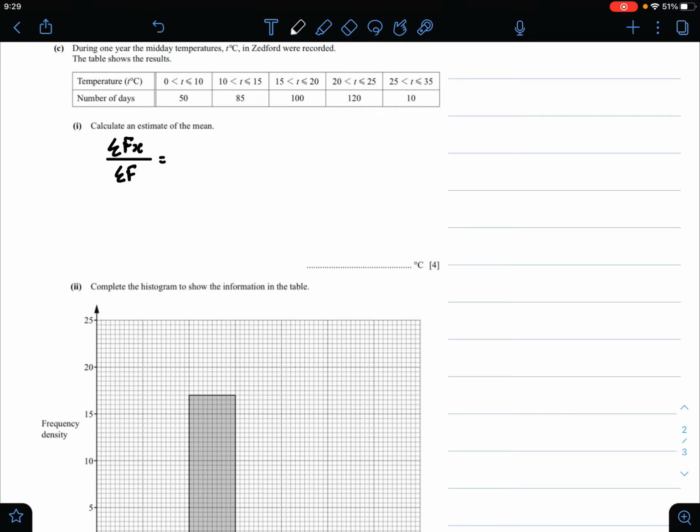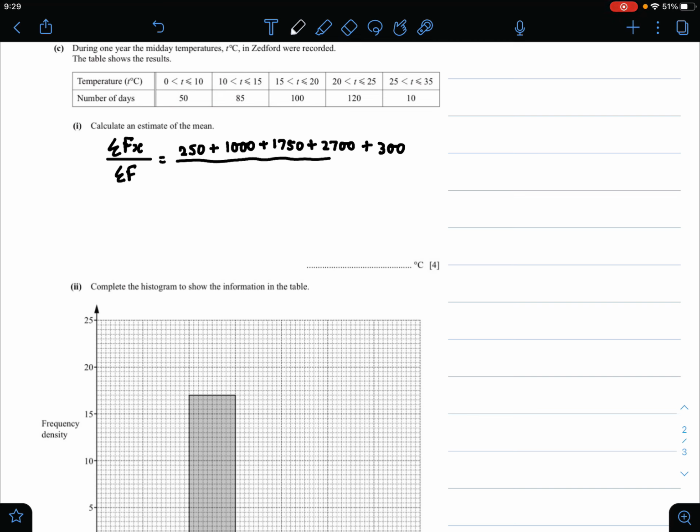So 5 multiplied by 50, which is 250, plus 85 multiplied by 12.5, which is 1000, plus 100 multiplied by 17.5, which is 1750, plus 120 multiplied by 22.5, which is 2700, plus 10 multiplied by 30, which is 300.